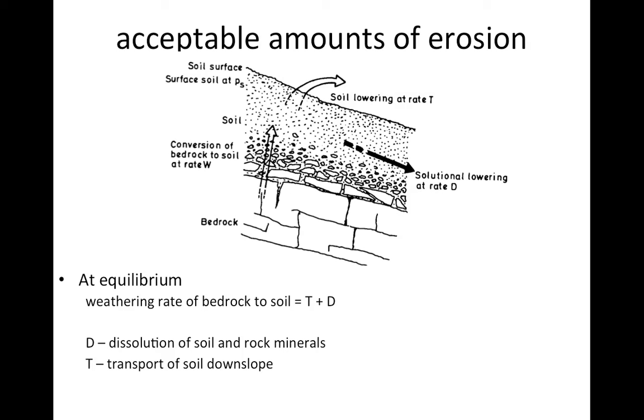Okay, so when is erosion a problem? Well, soil, usually we're interested in the erosion of soil, not necessarily rocks and things like that. So soil comes from somewhere, and usually it comes from the weathering of bedrock. So we have a production of soil from the bedrock at a certain rate, and we get removal of the soil at a certain rate for erosion.